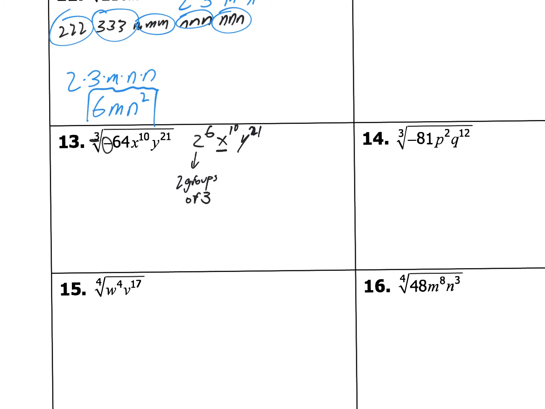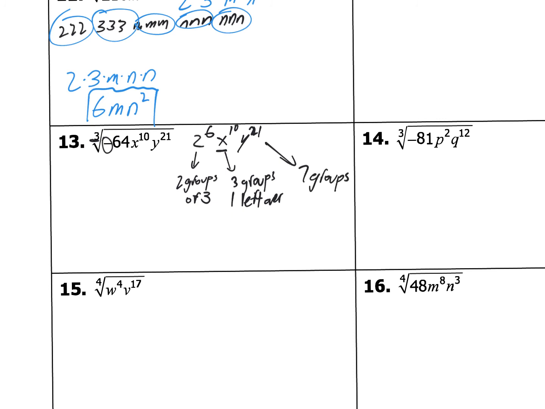For x to the 10th, how many threes can you take out of there? Well, three groups. That would make 9, and I have one left over. And then 21 is how many groups of 3? If you did 21 divided by 3, you would get 7 groups.